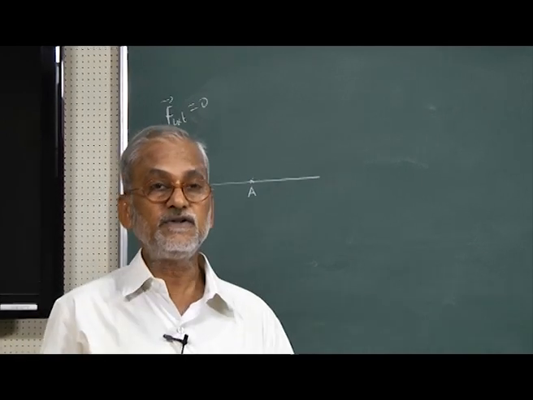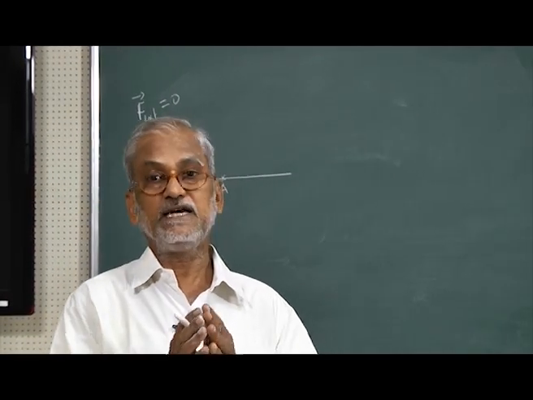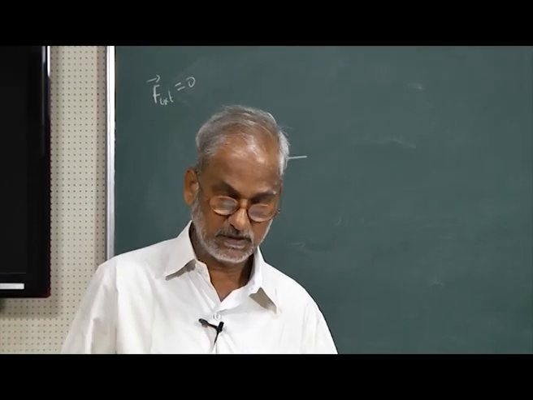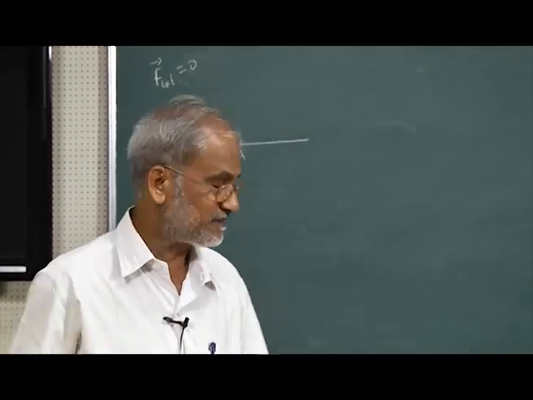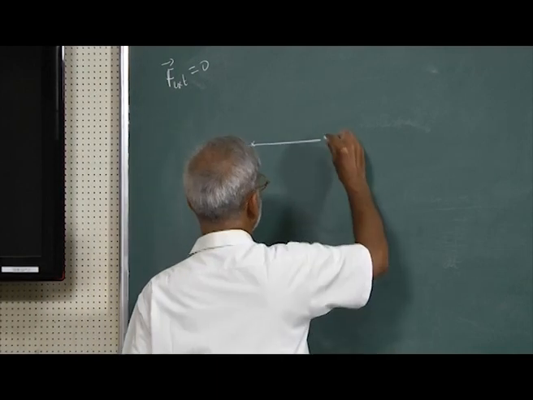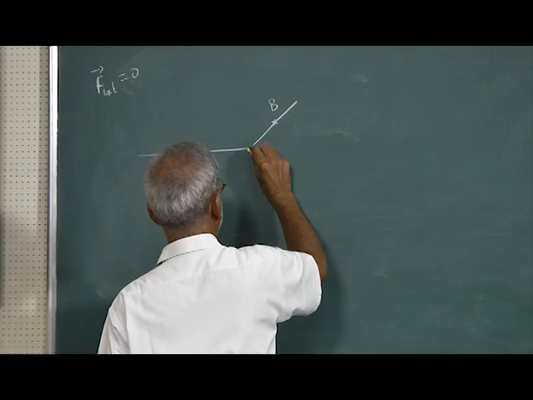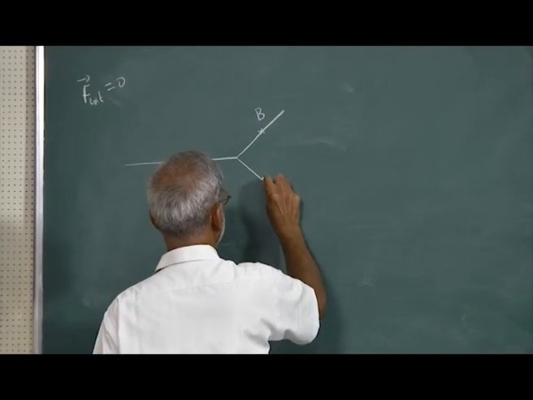Now due to some reason it explodes, it is something like a bomb, and it becomes two pieces, let us say. So one of the pieces goes like this, the other piece goes like this.